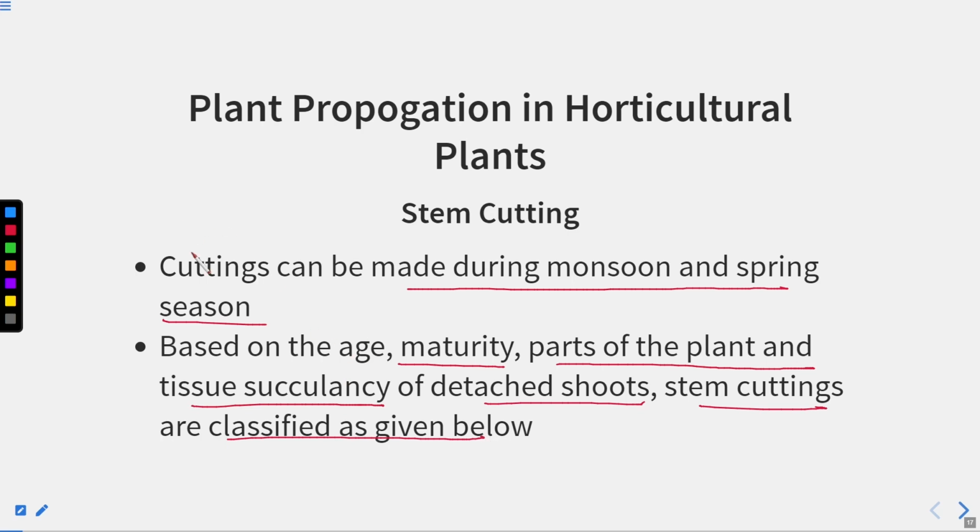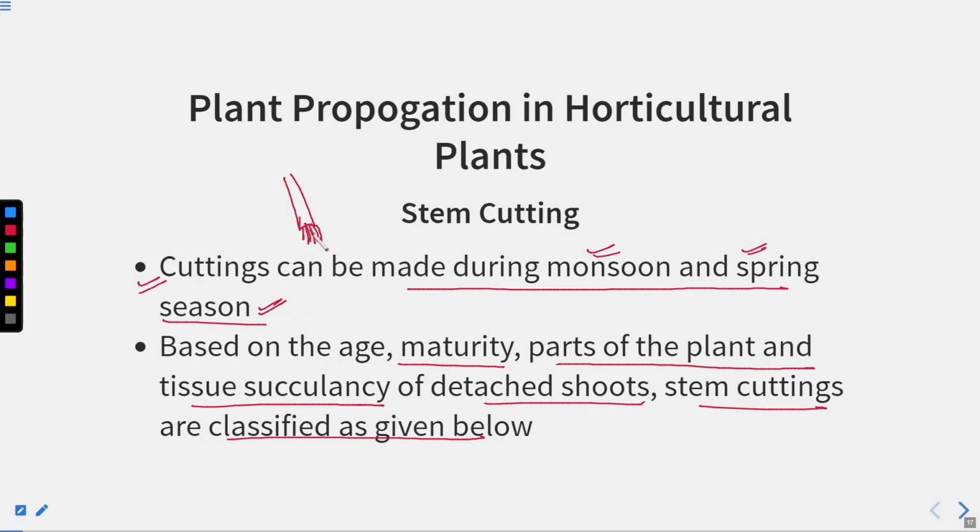Based on the age, maturity, parts of the plant and tissues, succulency of the detached shoot, stem cuttings are classified as given below. So first point, cutting can be made during the monsoon. Why this monsoon and spring? Because this is a season that promotes the propagation, right? Stem cutting. You are taking the stem cutting. So in this particular season, the roots develop fast.